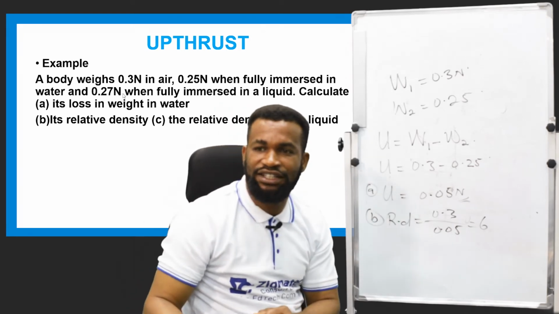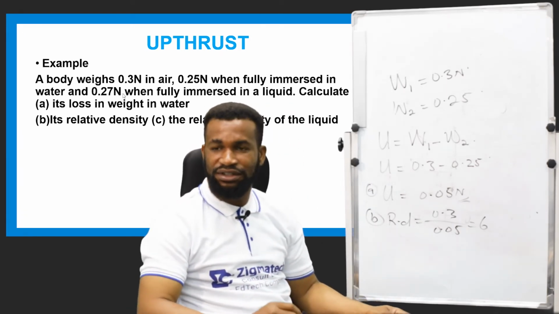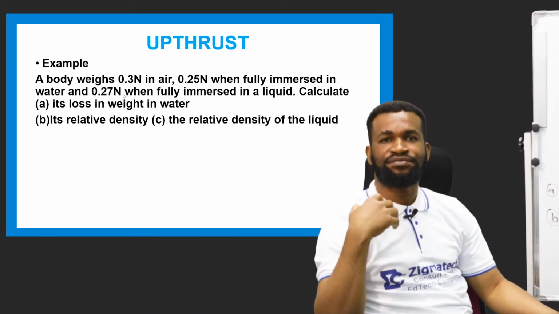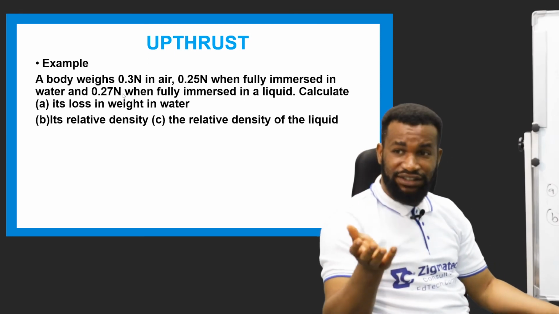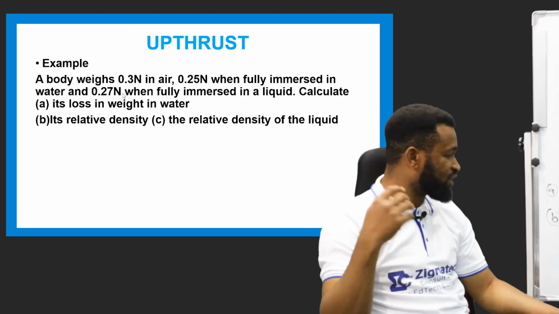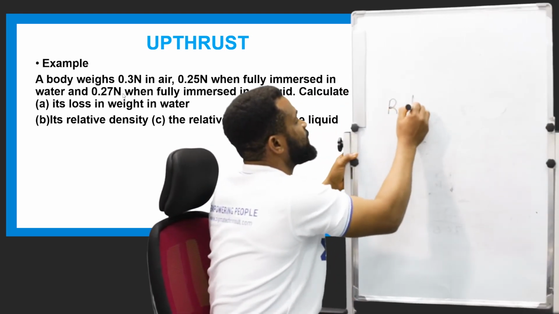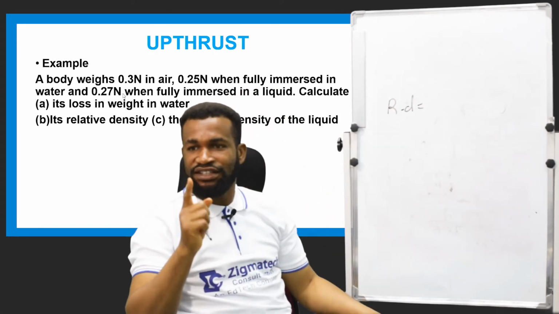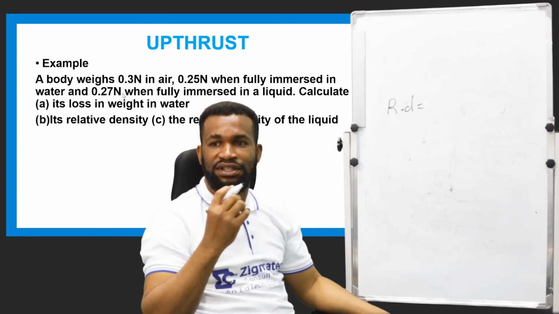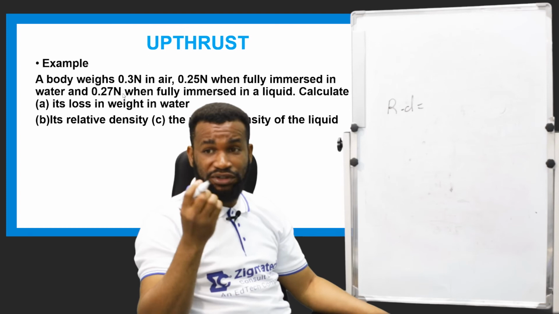Okay, now the relative density of the liquid. When we talk about relative density, we are talking about the density of the liquid over the density of water. At this point, the relative density is going to be the upthrust in liquid over the upthrust in water.